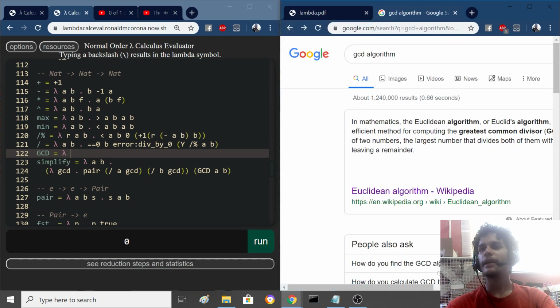Basically, the GCD of two numbers is the same as the GCD of the smaller one and the bigger one mod the smaller one.